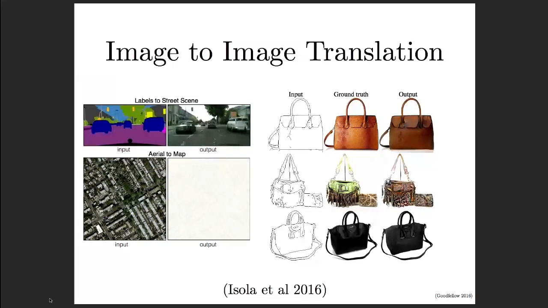There are also just a long tail of different applications that require generating really good images. A recent paper called Image-to-Image Translation shows how conditional generative adversarial networks can be trained to implement many of these multimodal output distributions, where an input can be mapped to many different possible outputs. One example is taking sketches and turning them into photos.